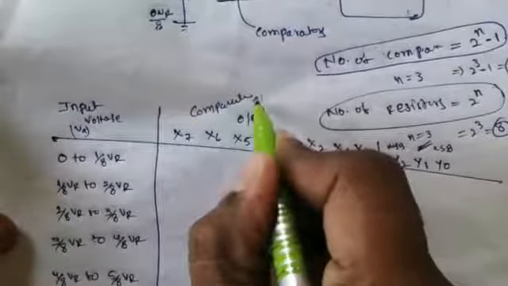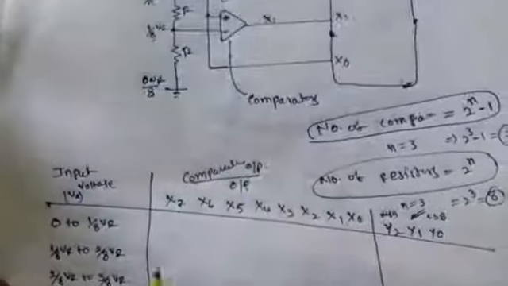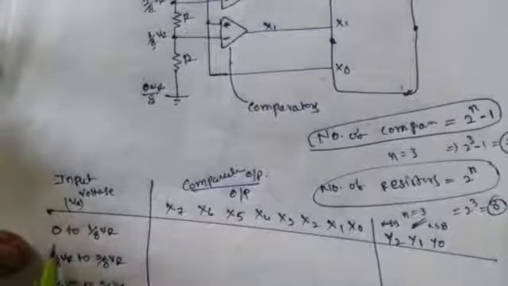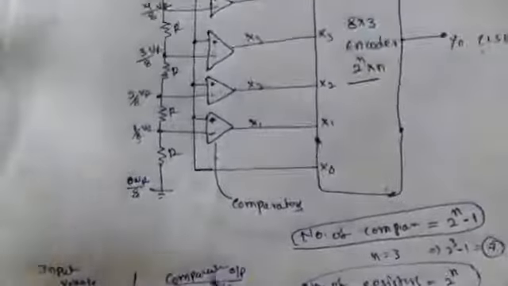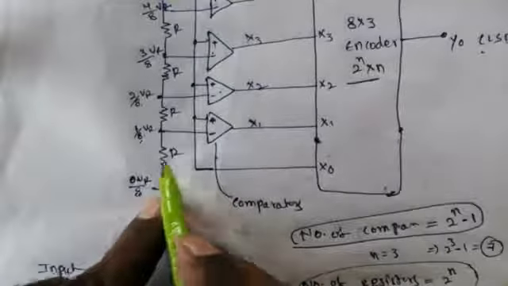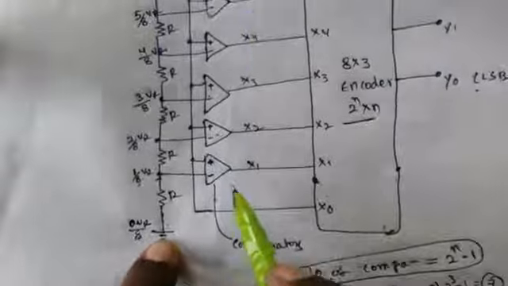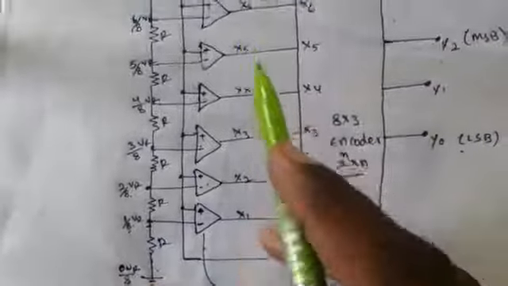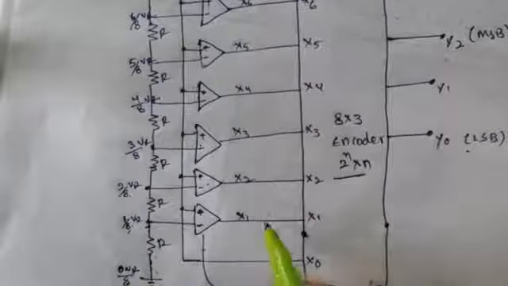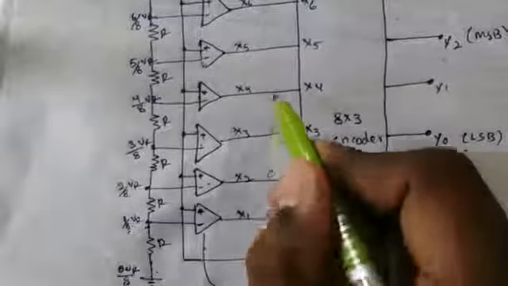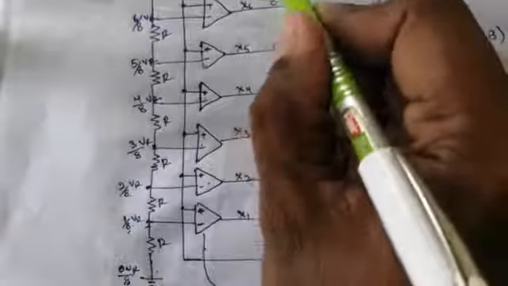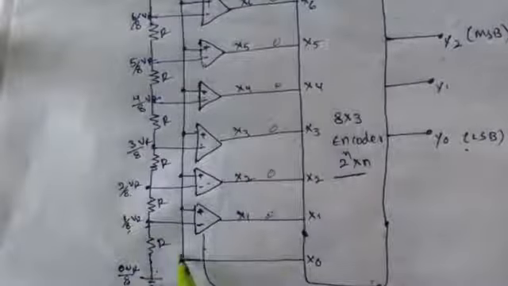When the analog input voltage is at 0 to 1 by 8 VR, that is, whenever it is below 1 by 8 VR, all the comparator outputs are 0, except this direct one.